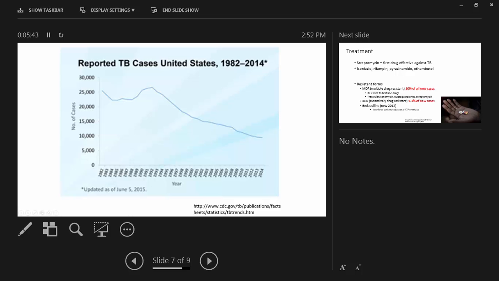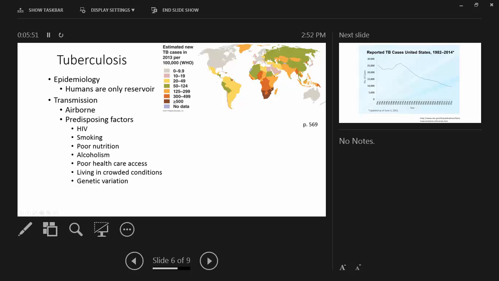You can see that peaked late 80s, early 90s during the AIDS epidemic, and we're getting less and less now. But worldwide, this is a huge problem. Just because we don't have it here very much doesn't mean that we won't. It's estimated that about a third of the world's population is infected with TB, which is astonishing.